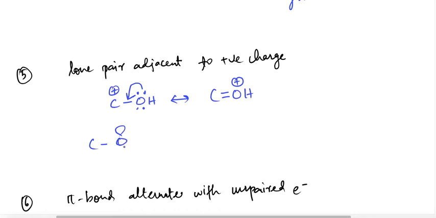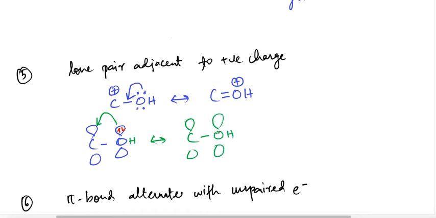So suppose this is carbon, oxygen, and this is the carbocation, so you have an empty p orbital, and here you have two electrons, right? So what will happen is that one electron will move from here to here, so you will get C with one electron, and oxygen with one electron.